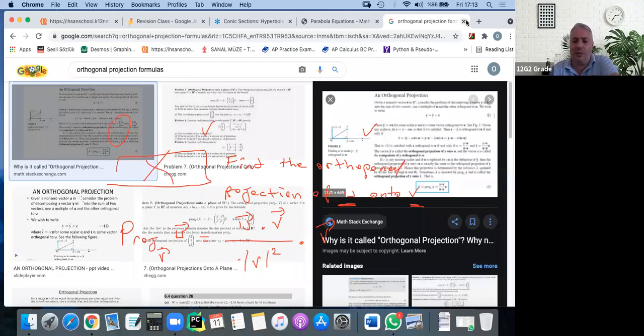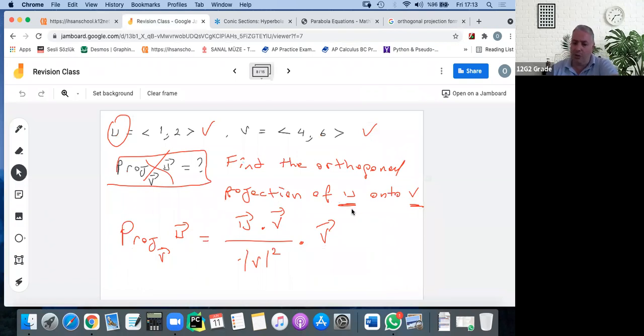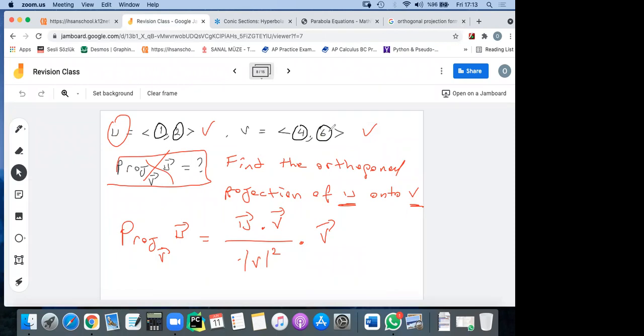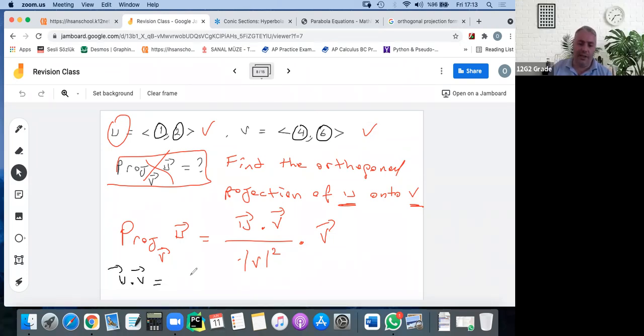Now, let's continue that solution. First of all, find the dot product. The dot product is the first component times the first component plus the second component times the second component. So u dot v is 1 times 4 plus 2 times 6, which is 4 plus 12, which is 16. So the numerator is 16. Divided by norm of v squared.